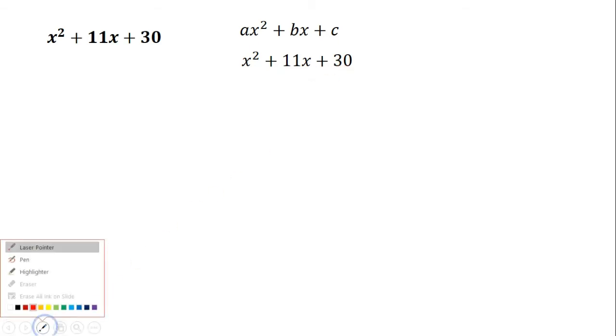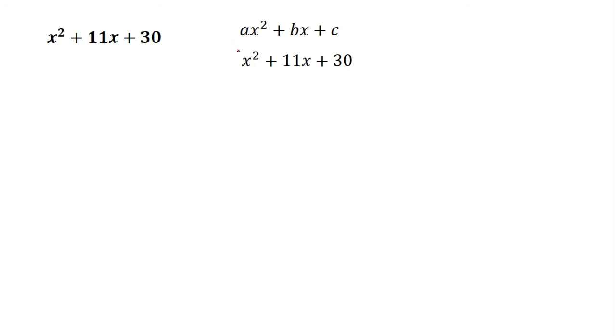Now you can see that a will be the coefficient of x squared. So here the coefficient of x squared is 1, so a will give us 1. B is the coefficient of x, so b will give us 11. And c is the constant, so c will give us 30.